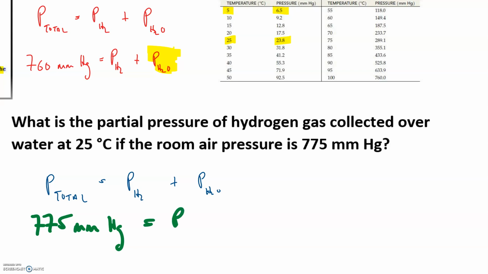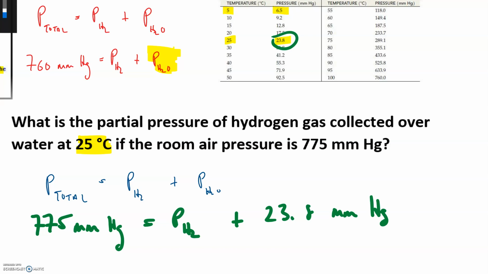So that means that it is the sum total of the partial pressure of the hydrogen gas and the pressure of the water vapor. Well, all we need to do is find the water vapor pressure at 25 degrees Celsius, and we're golden, and that's already right up here in this table. So 23.8 millimeters of mercury.